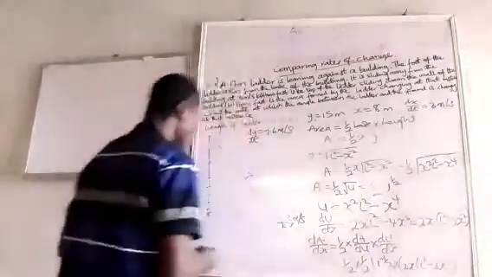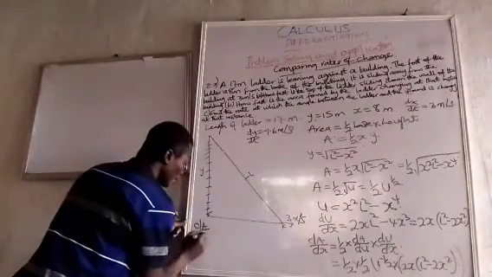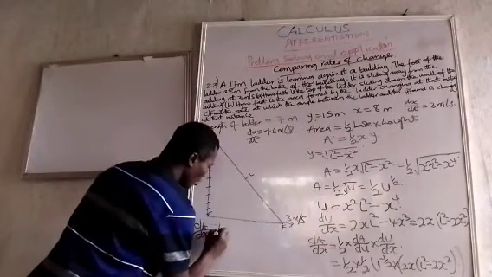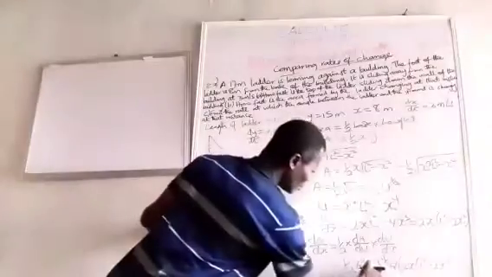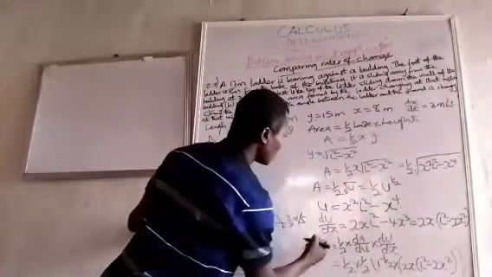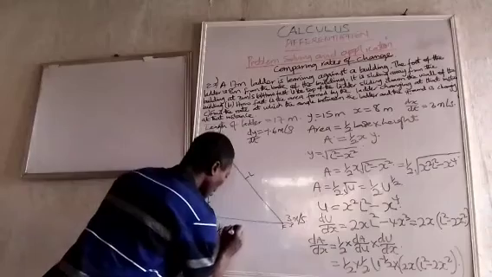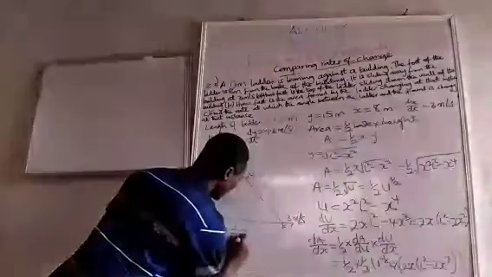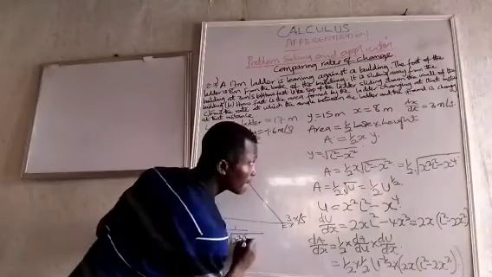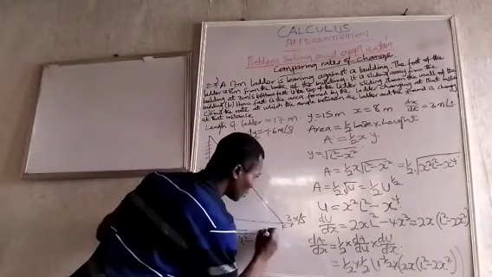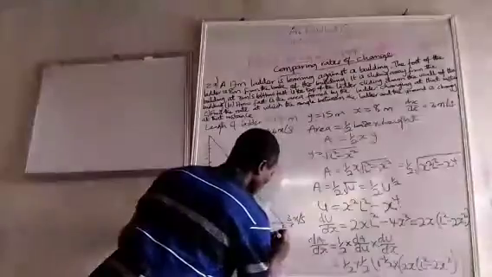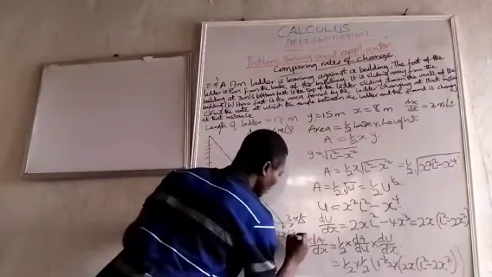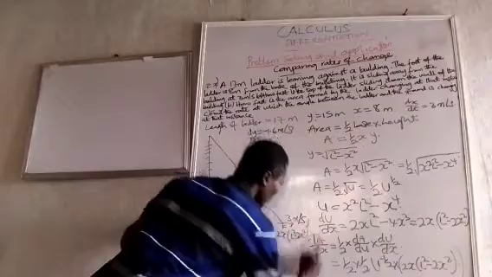So now let's finalize it. dA dx is equal to 1 over 4 times, what is u raised to the power half minus half? That is 1 over square root of x squared l squared minus x raised to the power 4, times 2x into l squared minus 2x squared.